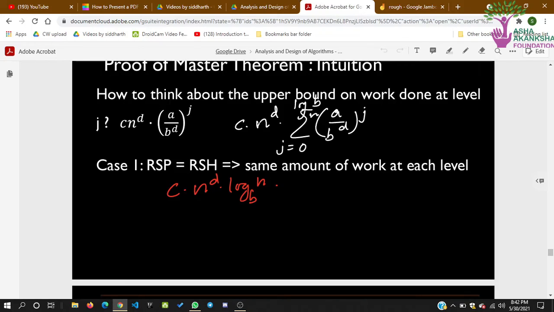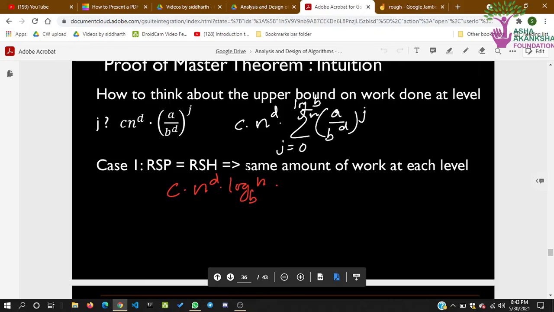If we are given any problem, then spawning new problems increases the amount of work done, but for each of those spawned subproblems, the individual work done reduces as well. In this case, RSP is equal to RSH, which means that the increase cancels out the decrease, and hence the same amount of work done remains.